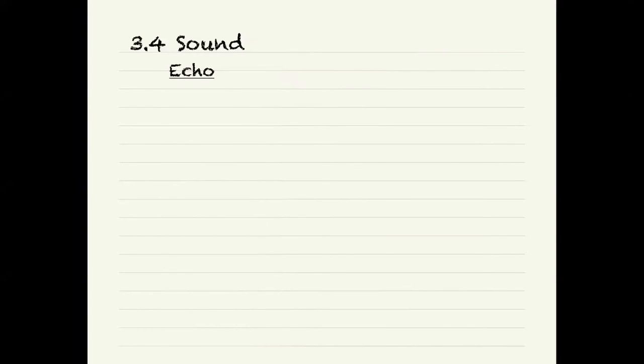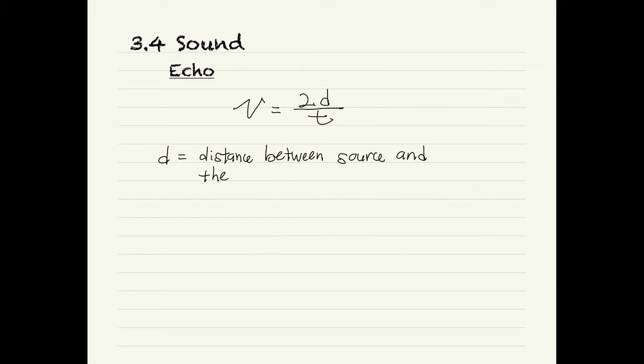Formula for the echo is v equal to 2d over t. d is distance between source and the reflection surface.